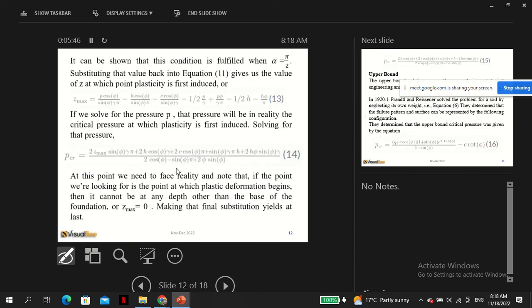It can be shown that this condition is fulfilled when alpha is pi over 2.